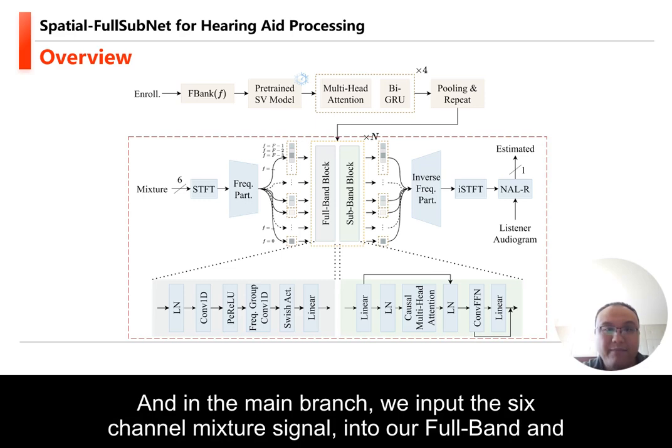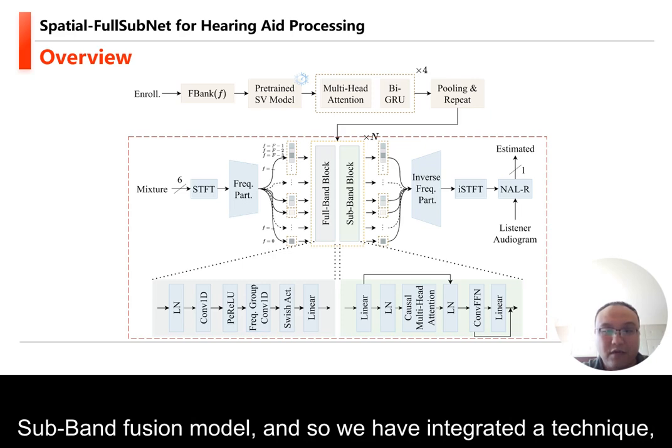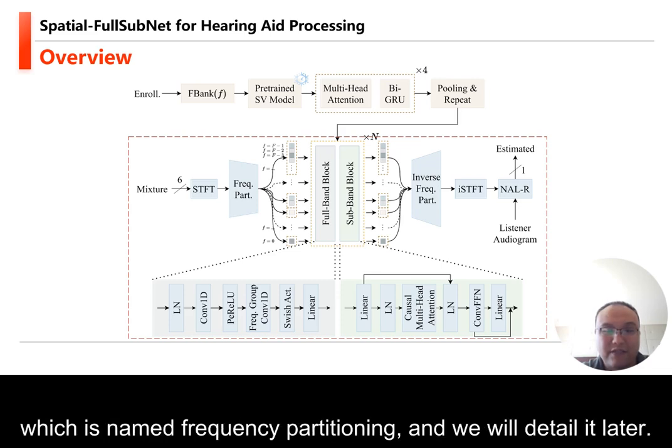In the main branch, we input a 6-channel mixture signal into our full-band and subband fusion model. We have integrated a technique named frequency partitioning, and we will detail it later.